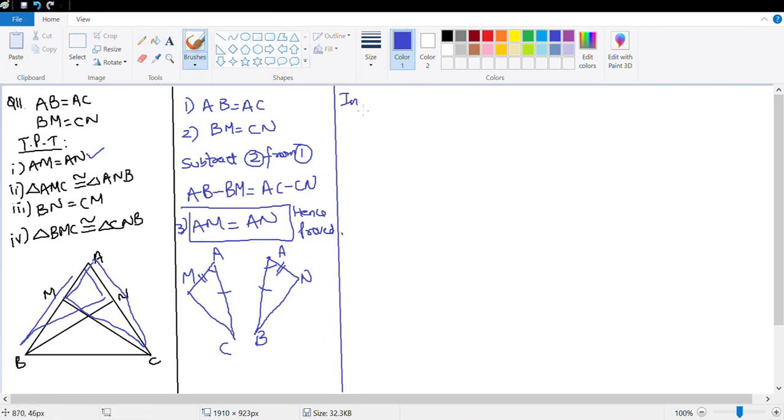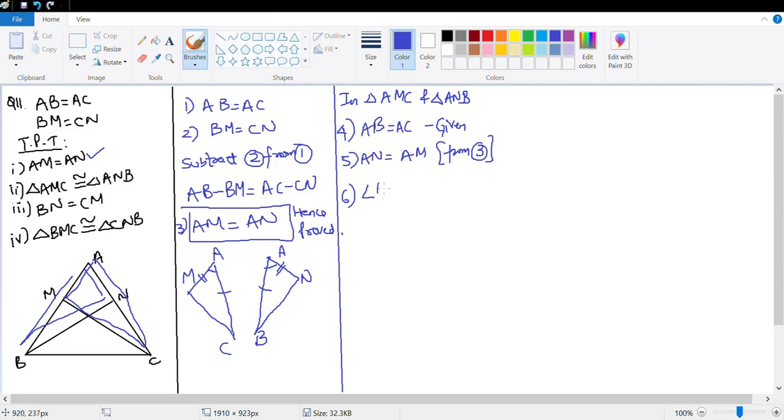So in triangle AMC and triangle ANB, number 4 would be AB is equal to AC. This is given. Number 5 would be AN is equal to AM from number 3. Done. Number 6, angle MAC is equal to angle NAB.